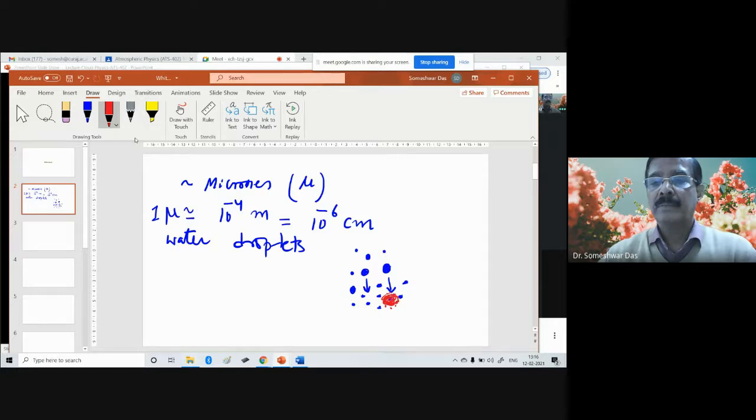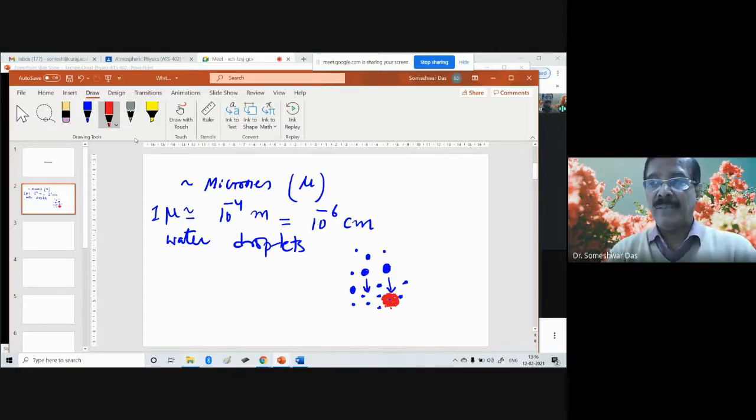So this is the way the growth of water droplets can take place from the initial stage, when the embryonic particles, water molecules, allow condensation to occur on themselves, and thereby form tiny water droplets of different sizes.